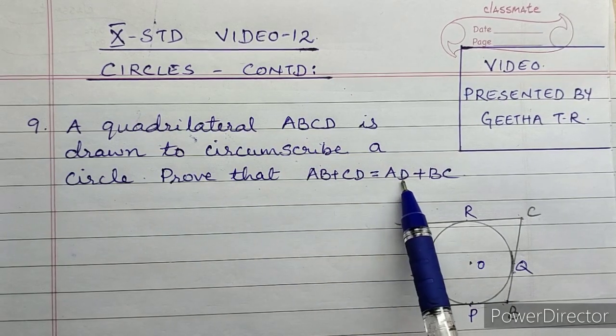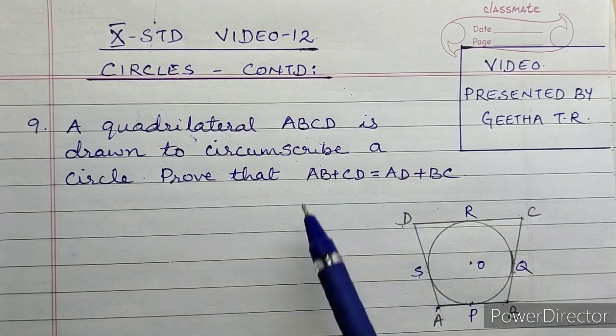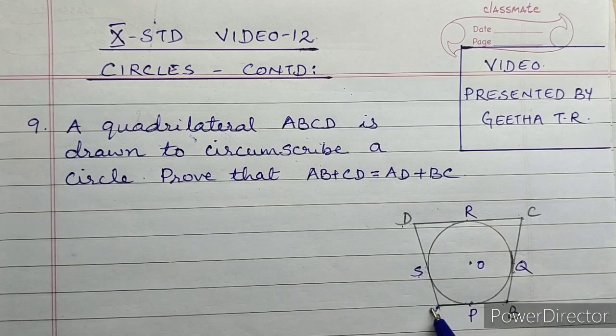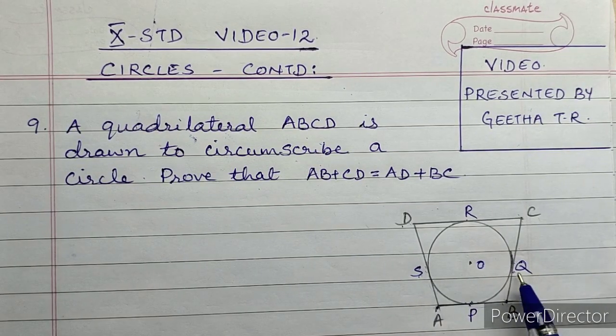AB plus CD is equal to AD plus BC. This is simple only. AB is AP plus PB, so split and write. Then AP is equal to AS, because they are tangents from the external point A. AP and AS are equal, PB and BQ are equal, that you have to substitute.